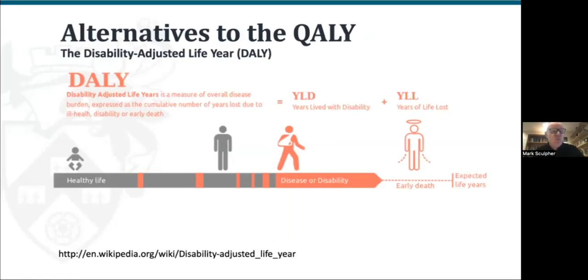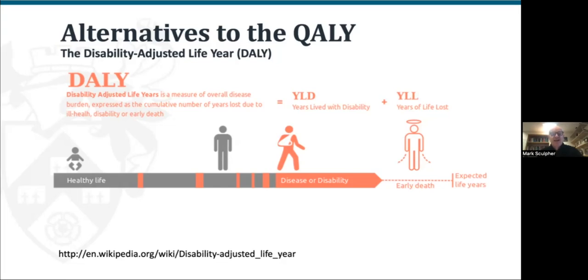Now, the QALY is widely used particularly in high income settings, but also in low income settings as well. But there is another measure called the disability adjusted life year, the DALY, which is also used quite widely, particularly in studies and research that has been funded by or organized by the World Health Organization. But conceptually, the QALY and the DALY are very similar.